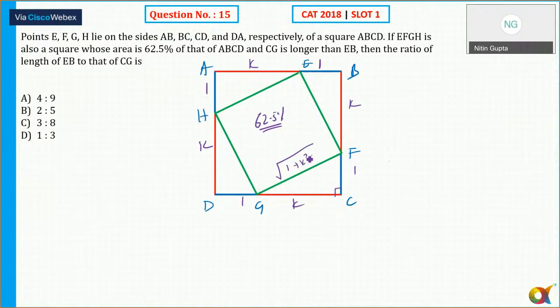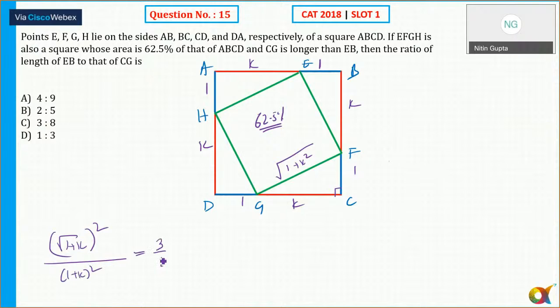Yes, you can solve it with the help of the options. You can also do it by the option ratios 1:3, 3:8, 2:5, and on that basis. So this is root of 1 plus K square. So what is the area of this EFGH? That is equal to root of 1 plus K square, whole squared, upon the area of ABCD, that is equal to 1 plus K whole square, and that is equal to 62.5%.